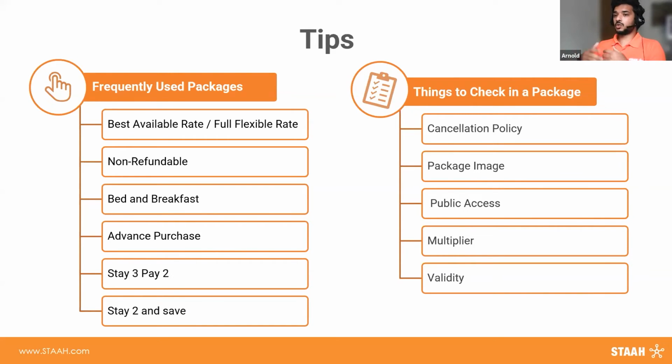So what happens is you can get your customers to book way in advance and make their reservations. You could create these stay 3, pay 2, or stay 5, pay 4 deals. And finally, you could also think about maybe instead of giving them an entire night discount, stay 2 and save. Maybe you save 5% or 10% on your entire stay.